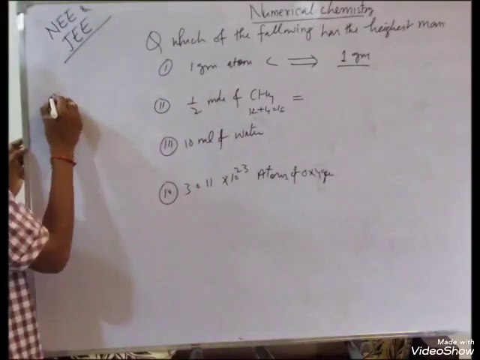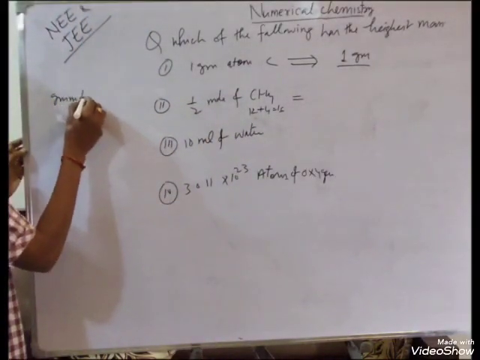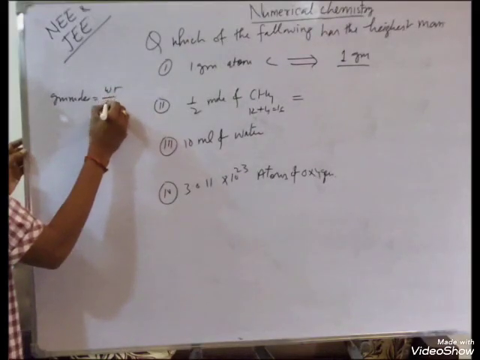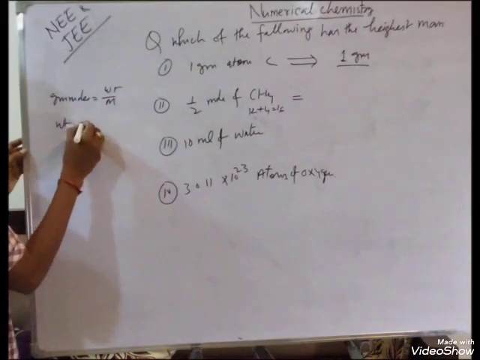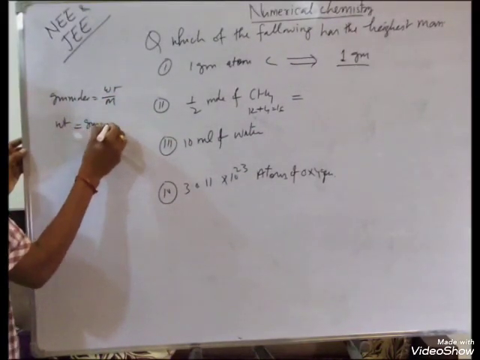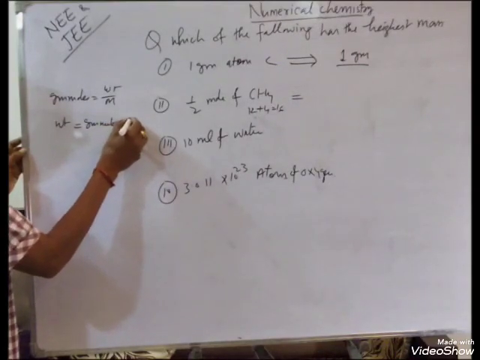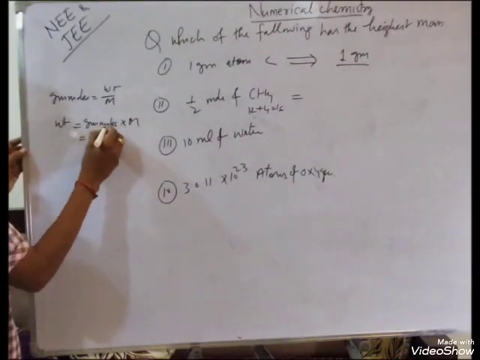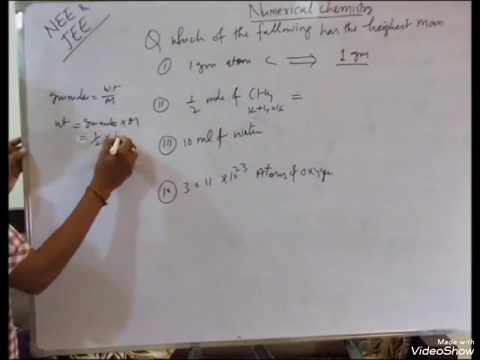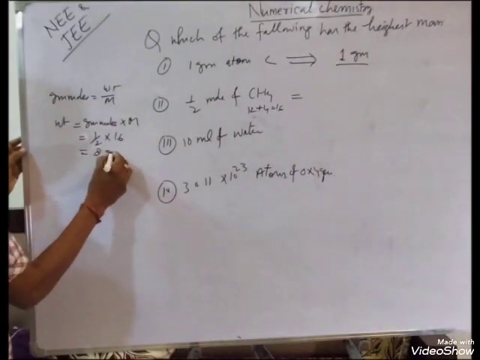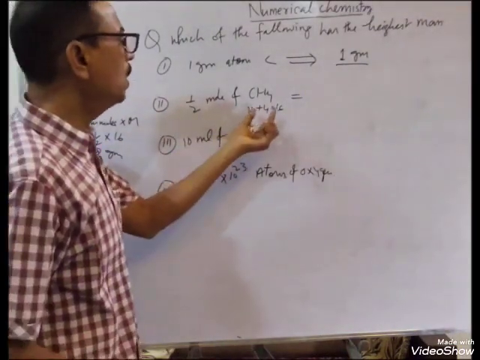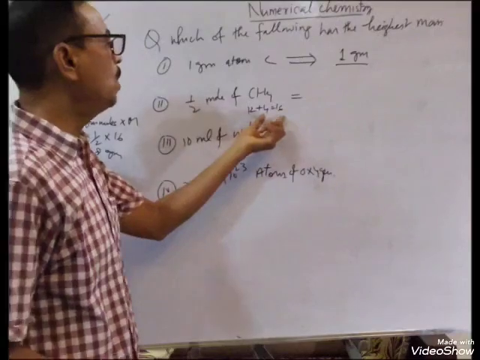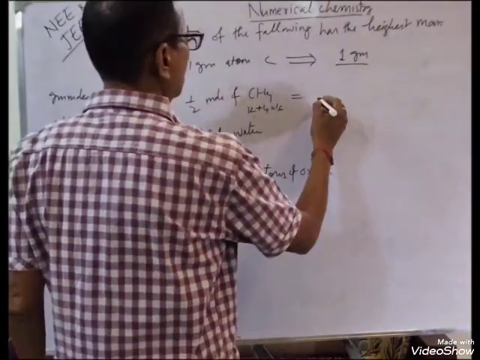You know, gram moles equal to weight by molecular weight. So weight equal to gram moles into molecular weight. For methane, gram moles half, molecular weight 16, so it is 8 gram. So 1 mole 16, half mole 8 gram.